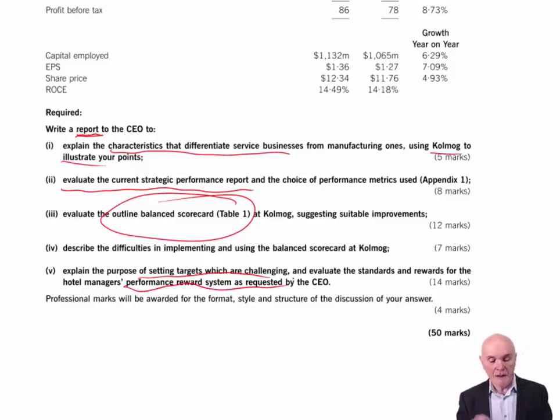There'll be some particular performance reward system that we either have to criticize or invent or think about. So 4 professional marks then, a lot of professional marks in this question. Certainly 2 of those would be for setting it out in the form of a report.